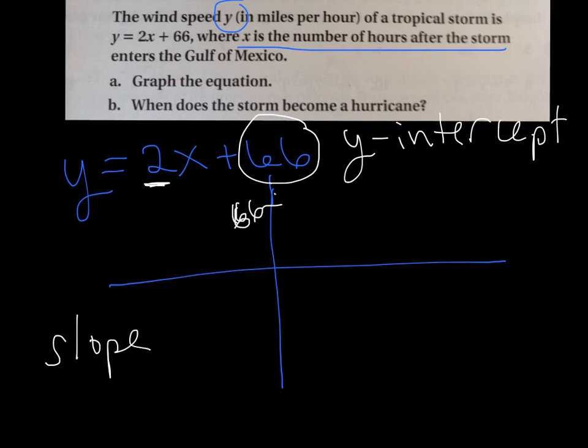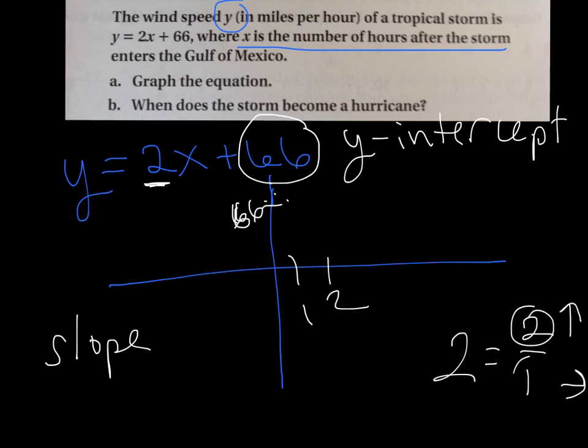So if we went up 2 and over 1, and this graph is obviously very off because it's going to be very skewed since these are 1, 2, and 66 right here. You would count from 66 up 2 over 1, right? Because the whole number 2 is equal to 2 over 1. It's change in y over change in x, so you go up 2 and over 1.